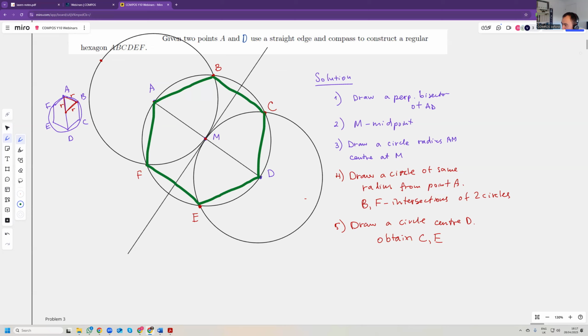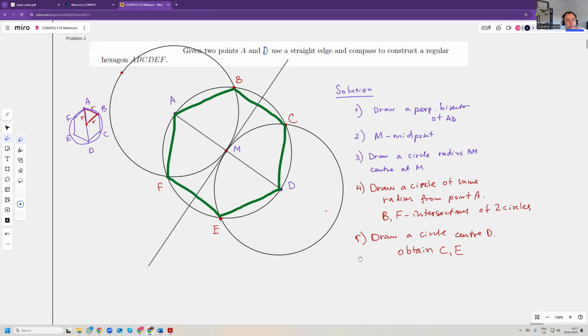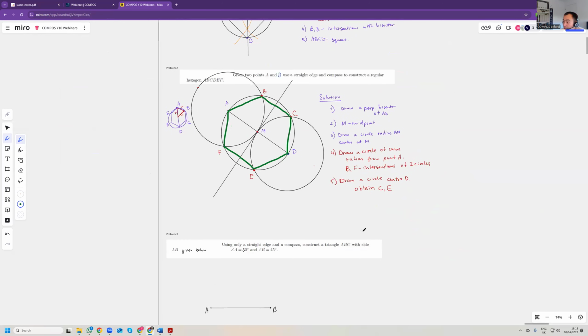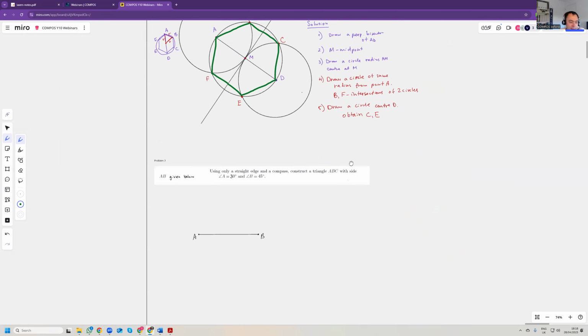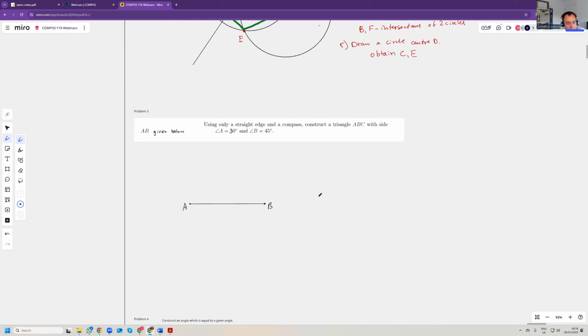Yes, it is fine if you use circles instead of compass arcs. Yes. All right, not a problem. Okay, well, I'm sure you would have figured it out.